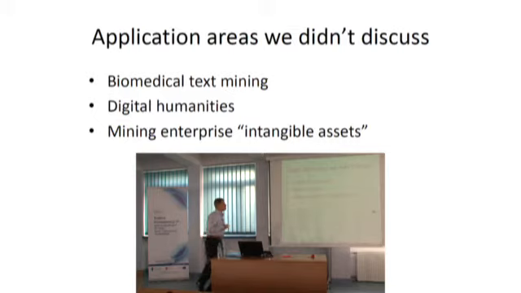Similarly, we haven't mentioned anything about applying text analytics techniques in the humanities. But of course, Shakespeare, historical work, books are all written in text. Most of them would qualify as humanities.